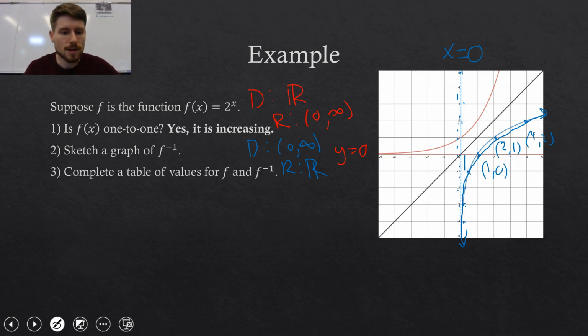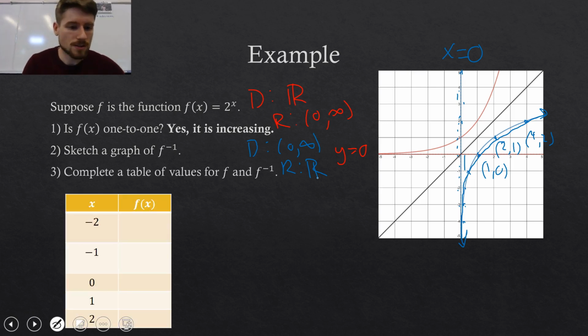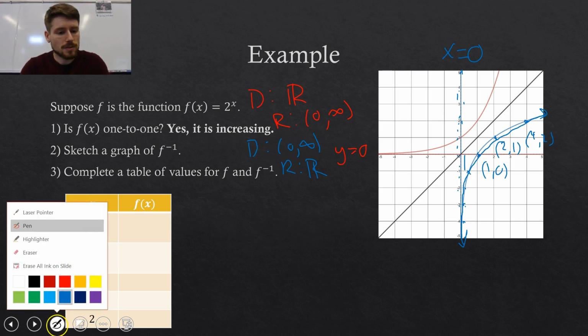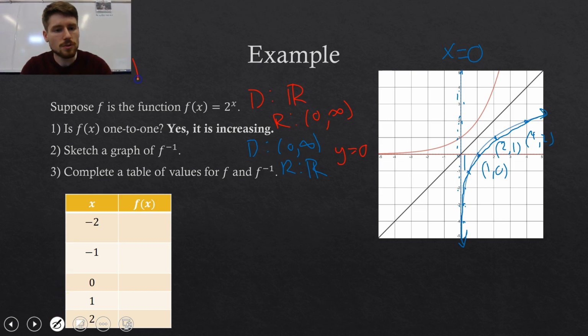Okay, let's look at a table of values as well for f and f inverse. For the function f, we can plug in -2, -1, 0, 1, and 2. Remember, this is 2 to the x, so let's do a couple of these together. 2 to the -2 is equal to 1 over 2 squared, which is 1 over 4. So this should be 1/4.